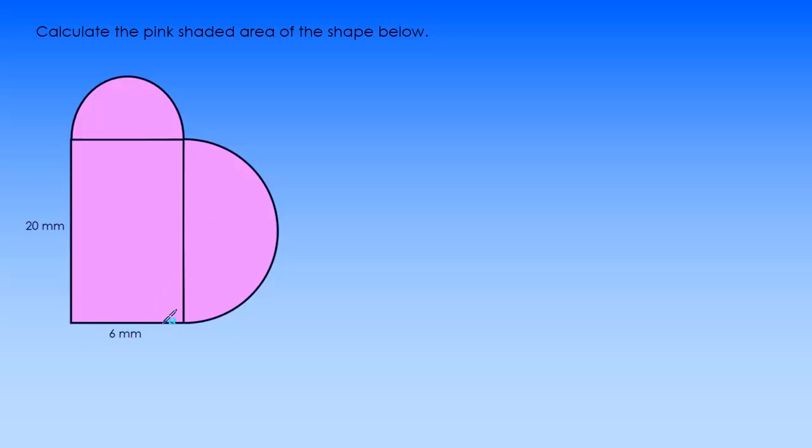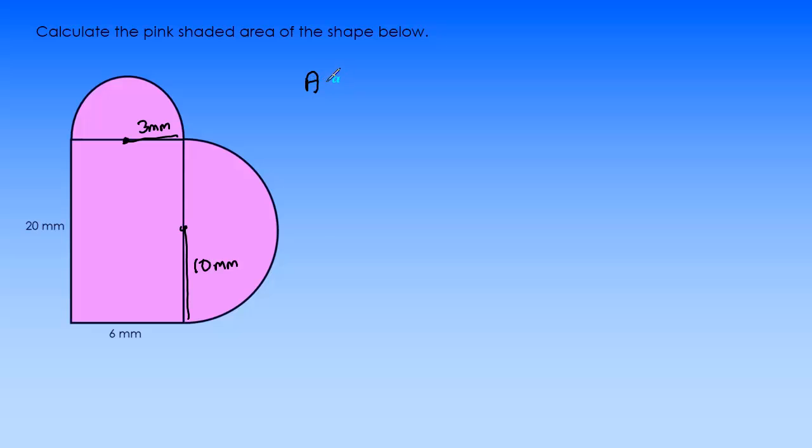Now we know this length is 6 millimeters, and that tells us that the radius of this semicircle is 3 millimeters. This is 20 millimeters, and therefore the radius of this semicircle is 10 millimeters.